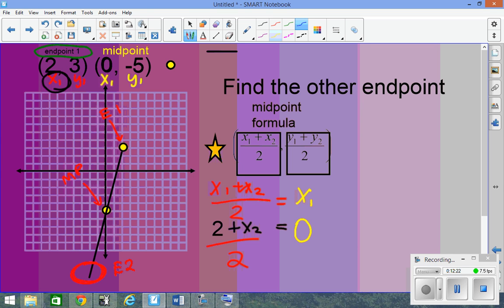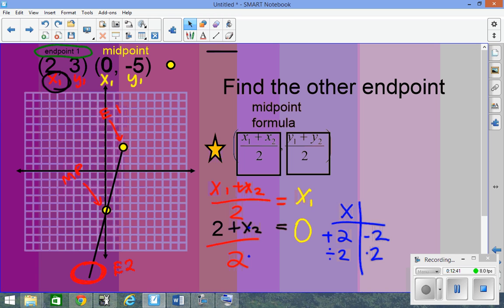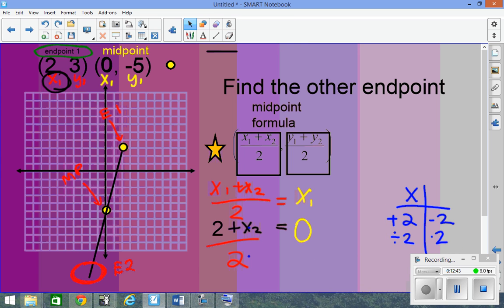So you would solve this equation by getting x by itself. What is happening to x? x is being added to 2, and then it's being divided by 2. So how do you undo this? You multiply by 2, and you subtract 2. Okay, so let's do that. Multiply both sides by 2.